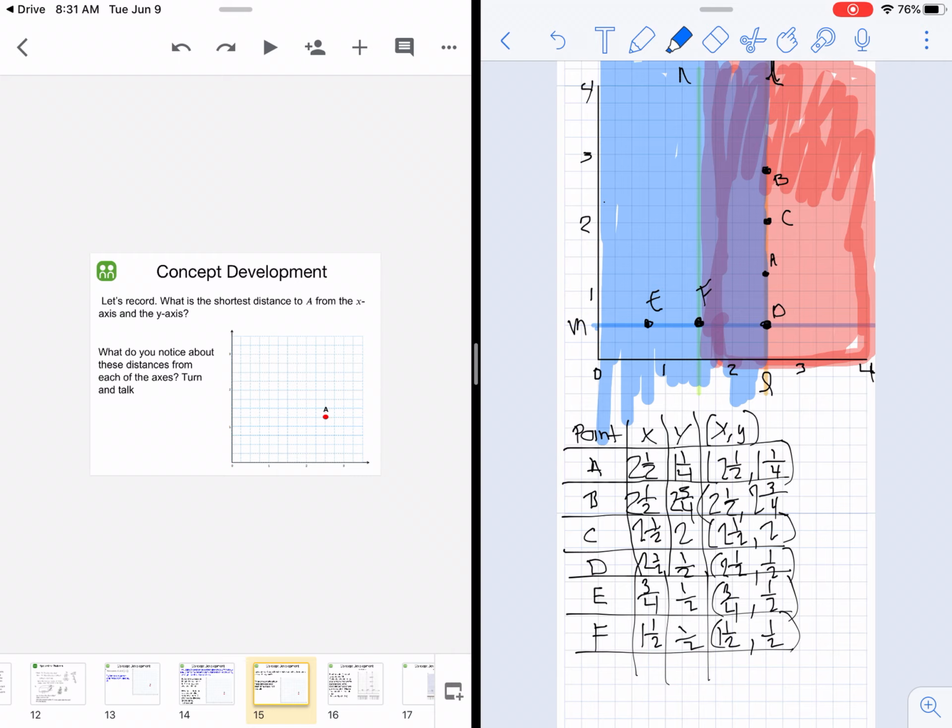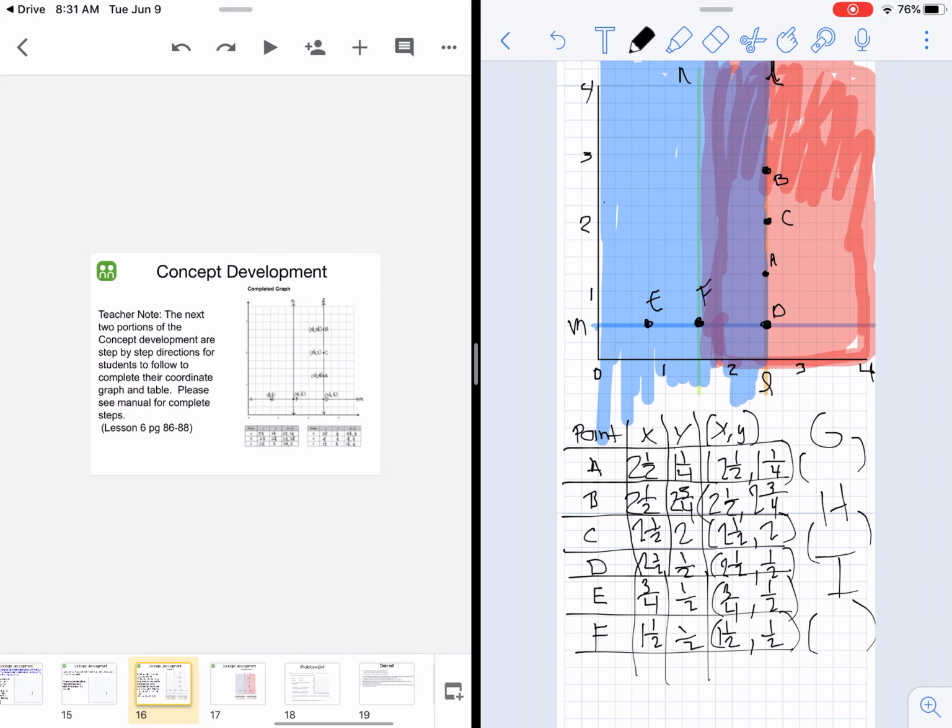So I want you to plot 3 points inside that purple region, and you are going to name them G, H, and I. And you're going to give me the coordinates of G, H, and I. You're going to do that all by yourself. When you are done plotting 3 points, make sure you screenshot, add that to Seesaw.